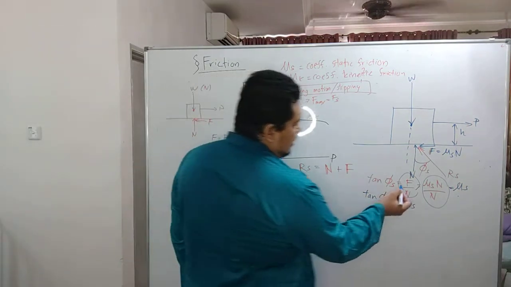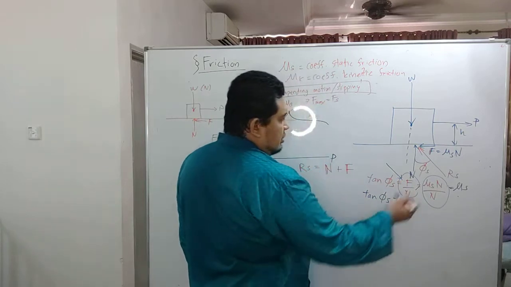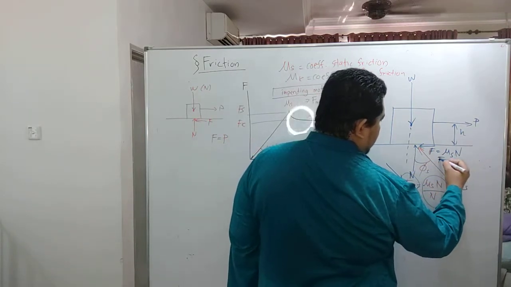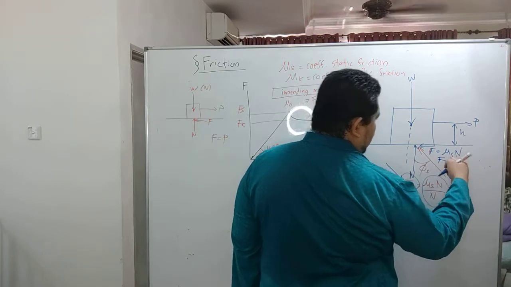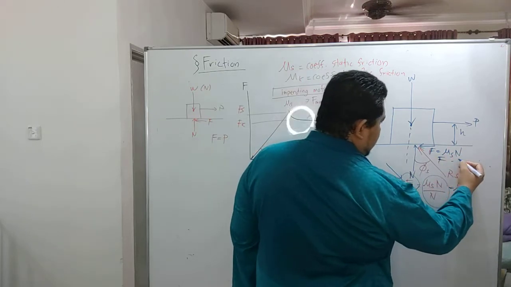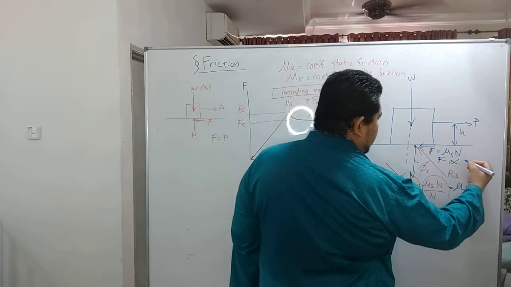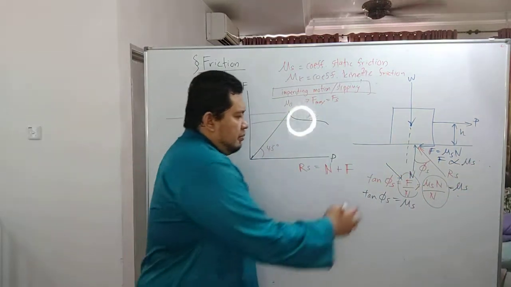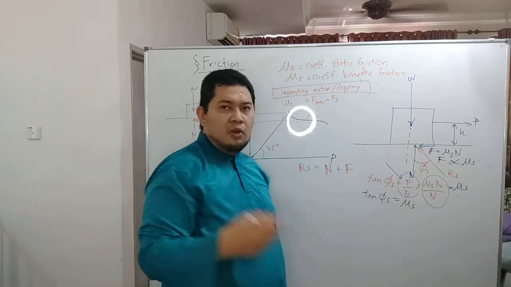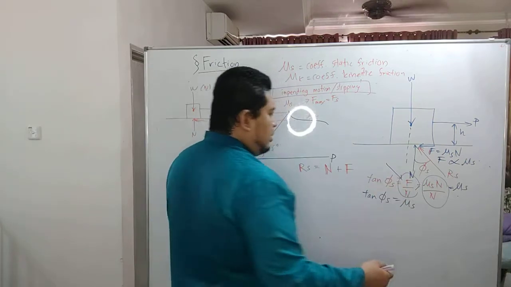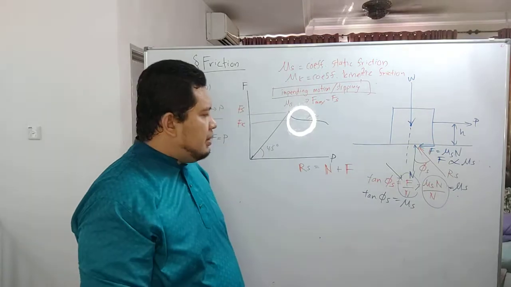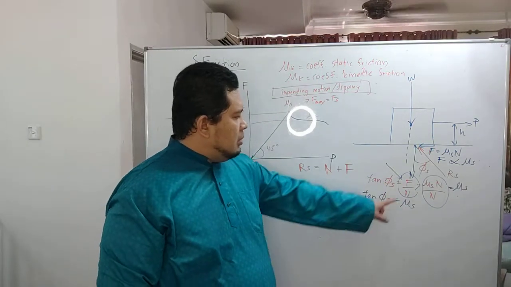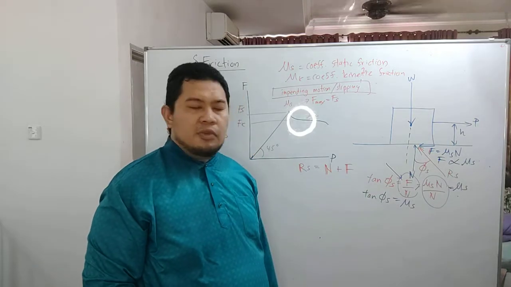So in this equation you have F equal to mu S times N. That means mu S, the coefficient of static friction, reflects the friction force compared to the normal force.